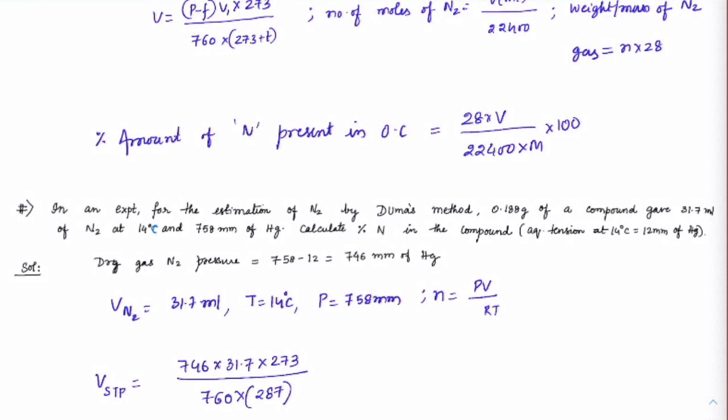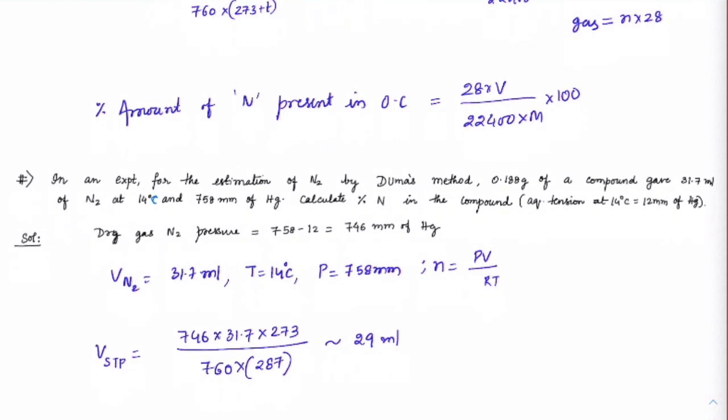Correct. So from here you will get the volume at STP, and on calculating, this is coming around 29 ml. So we got the volume at STP, right?